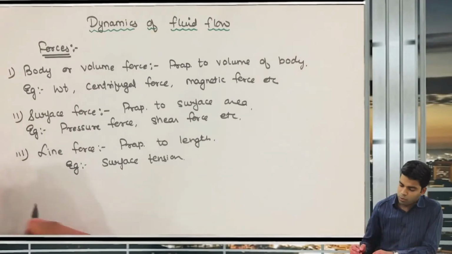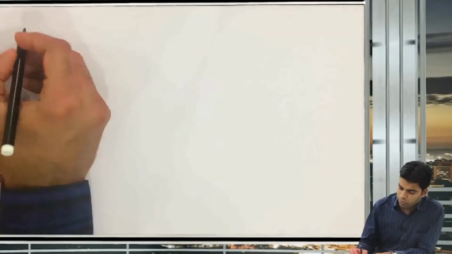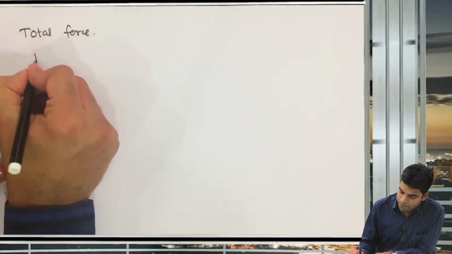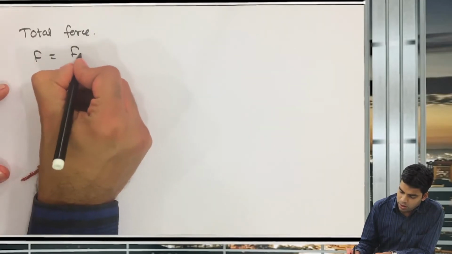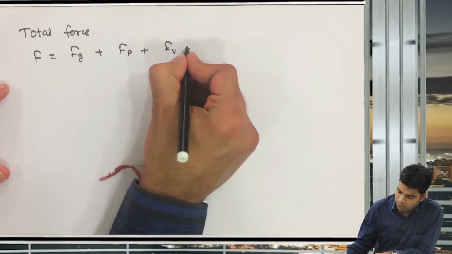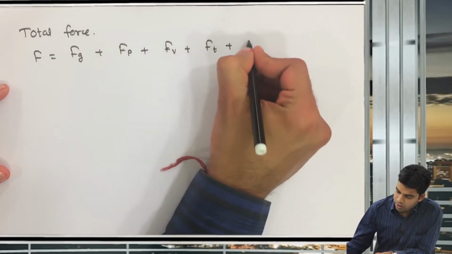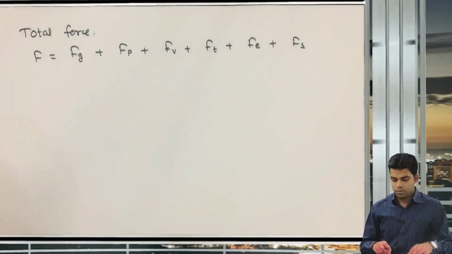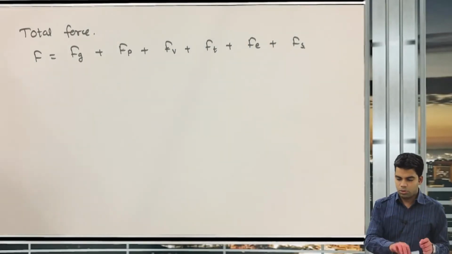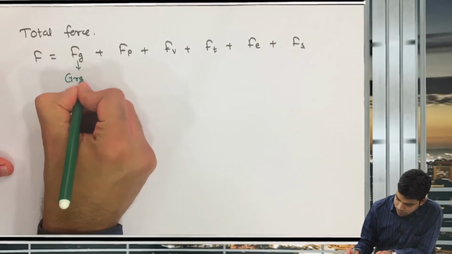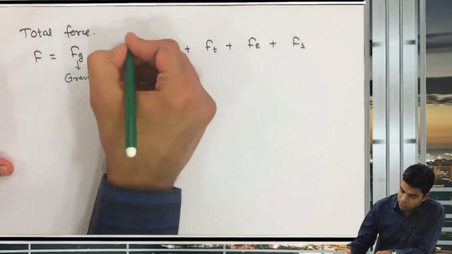Okay, so the total force acting on the fluid element you can write as F is equal to Fg plus Fp plus Fv plus Ft plus Fe plus Fs. Now what are these forces? Here Fg is nothing but gravity force, which is a body force.